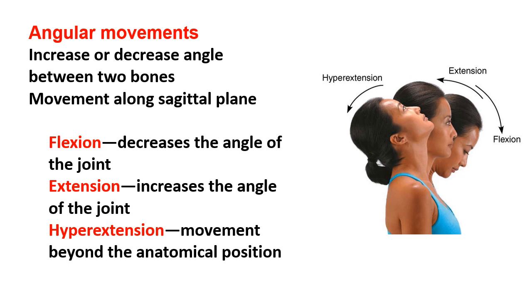Actually, it's funny, I just saw this question in a test bank that says, when you extend your head all the way to look up at the ceiling to the point that it hurts, what do you call that? And I'll say that's a dumb head movement, because why would you do that? I mean, really. But anyway, hyperextension is past 180 degrees. Can you do that with your back?